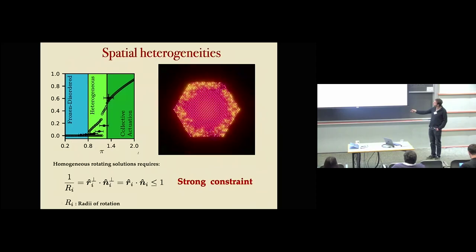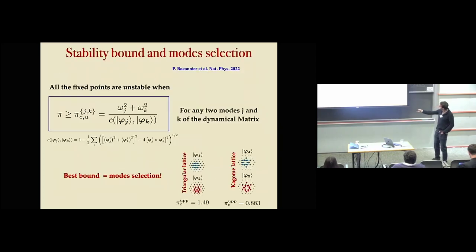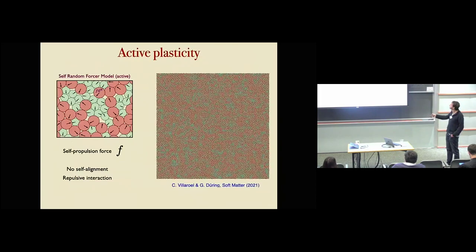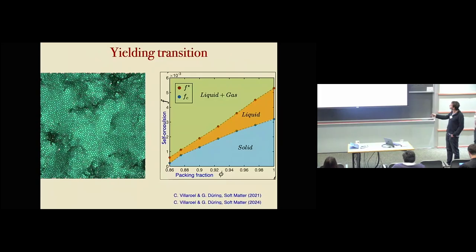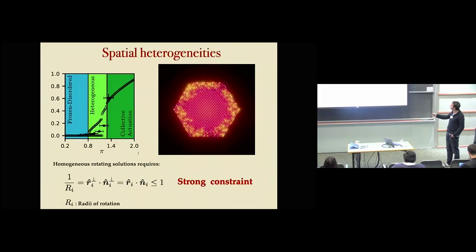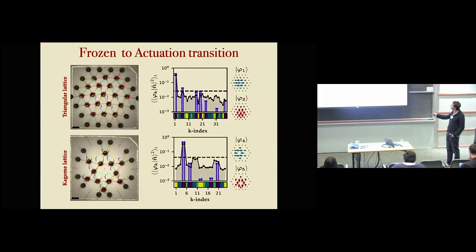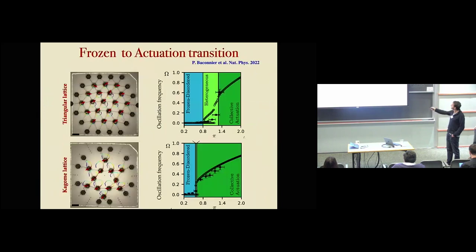If 1.49 is further up, are you still picking up only these modes? That's a good question. If you want to continue increasing this way here, well, that's a good question.